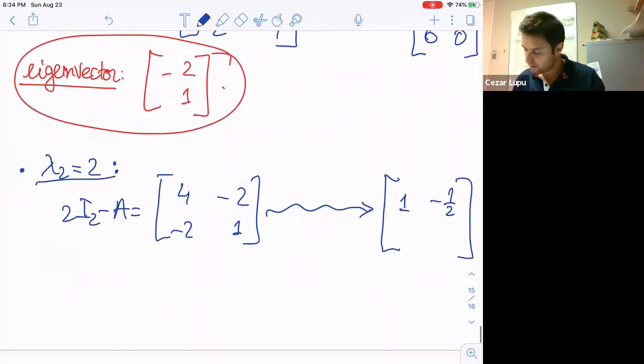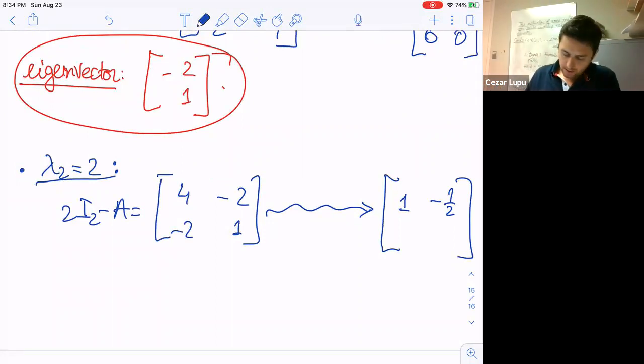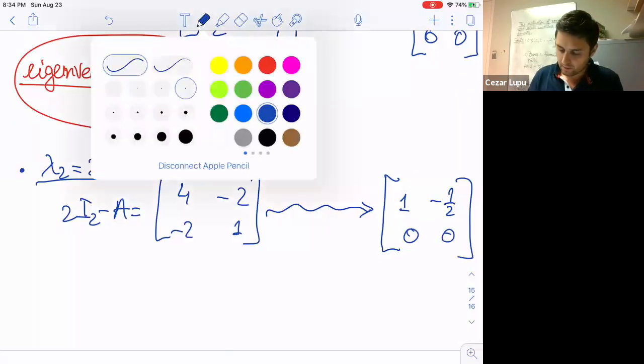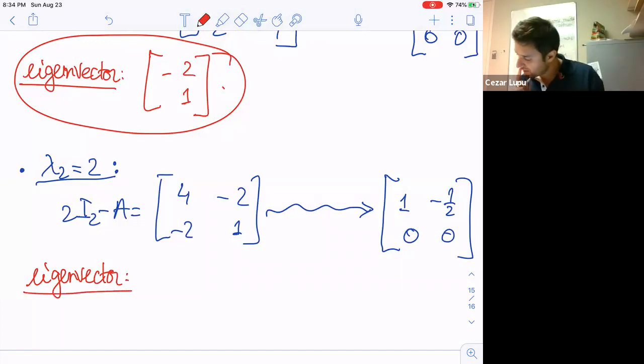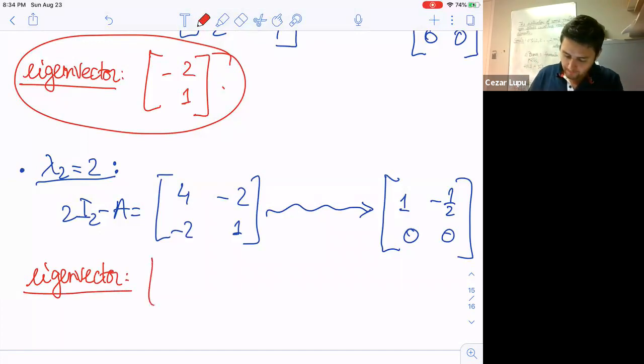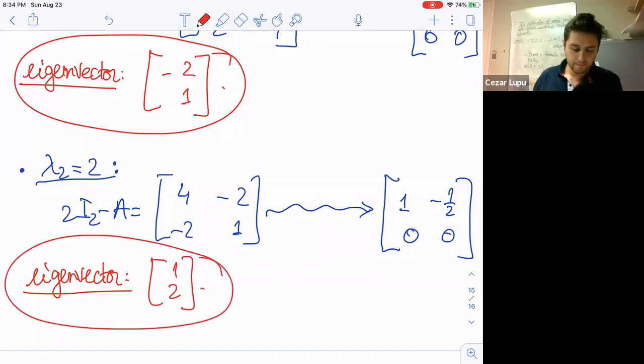Well, I hope my computations are correct. And the eigenvector for this will be 1, 2. Okay.